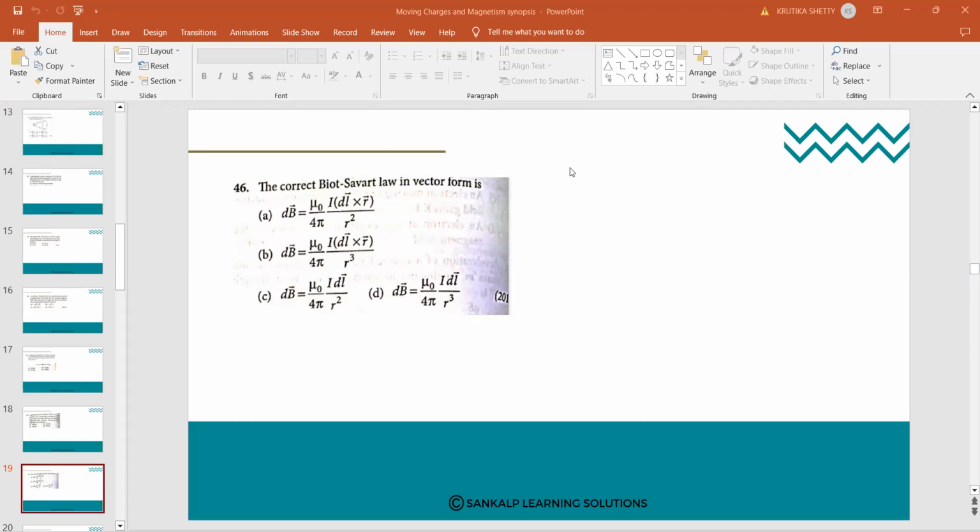So mu naught upon 4 pi is there in all of them. Actually the formula is mu naught upon 4 pi I dl sin theta by r square. So when written in vector form, sin theta becomes a cross product. So C and D definitely do not come. Among A and B, which one you need to see. When you take the vector form of r, the denominator should be r cube, it should not be r square. R cube, that is B is the correct answer. Okay, the next question.